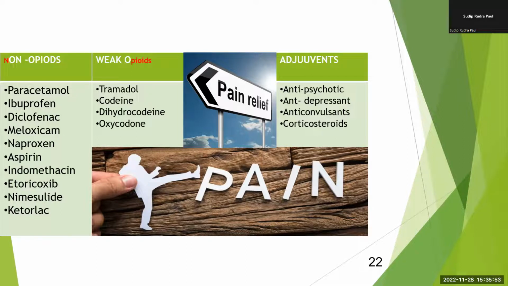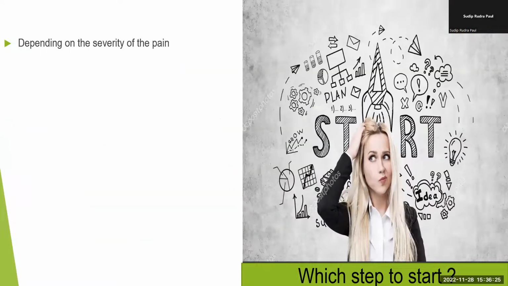And adjuvant drugs: antipsychotic drugs, antidepressant drugs, and anticonvulsant drugs, which are also useful for the patient to reduce neuropathic pain. They are also anti-anxiety, reducing the patient's anxiety and helping to reduce the other pain components as well.